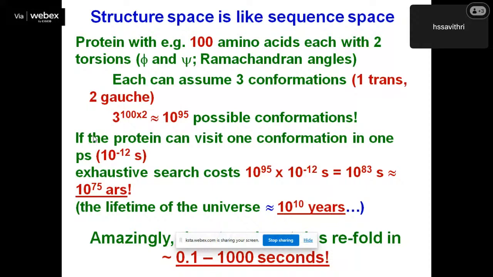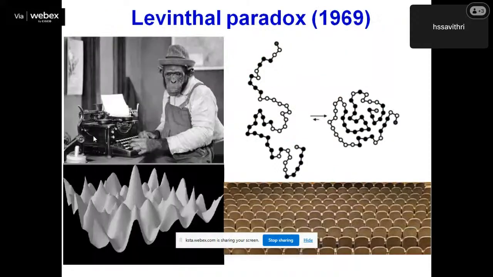Let me actually come back to this slide. I'll go to this slide. In all physical systems, there is a principle: anything tries to go to the minimum energy conformation. This is not a very difficult concept. If there is a stone on the top of the building, that's an unstable state.